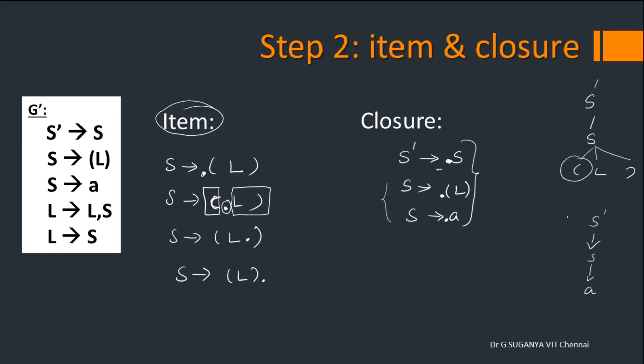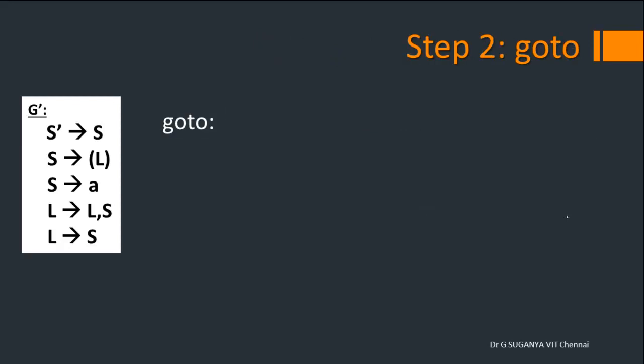Having known these two, we will move on to compute goto. With that, we will be constructing the canonical collection of LR(0) items. I'll just write one item set and then we'll check the goto statement. Just writing the set of statements. So what is goto?